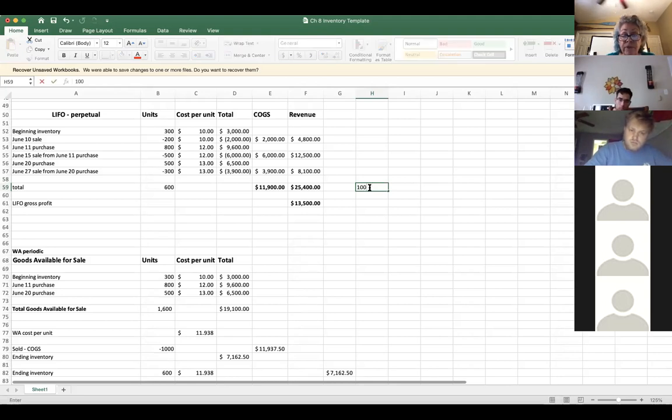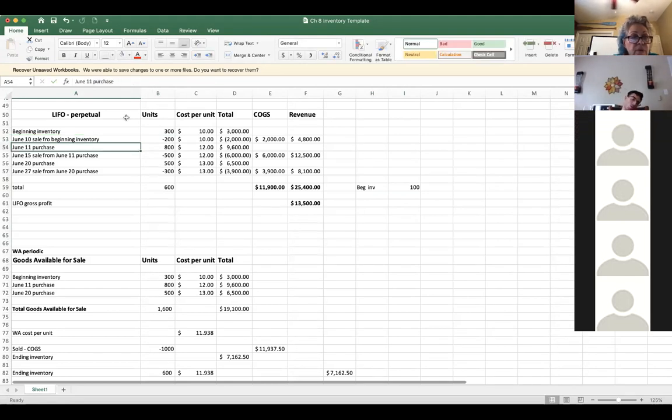I had 100 units from beginning inventory because we had 300, and then this sale was from beginning inventory. So I had 300, I sold 200, but I never sold any more from beginning inventory. So that is why I had 100 units left.